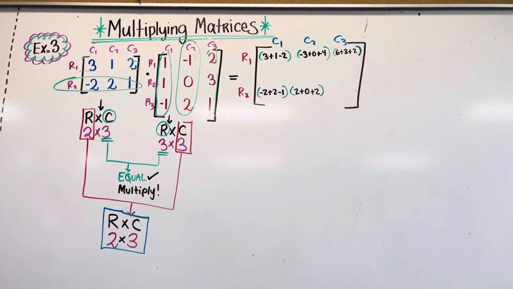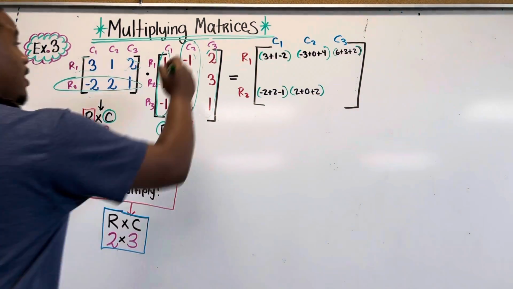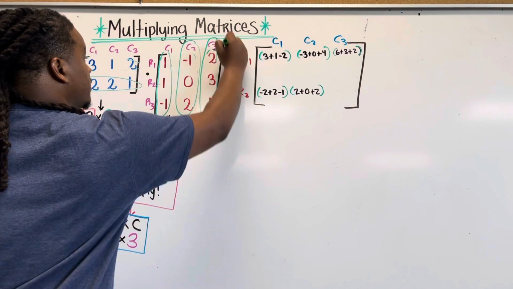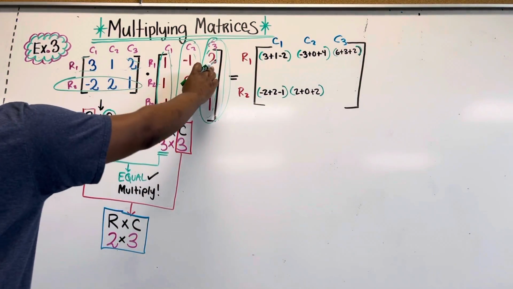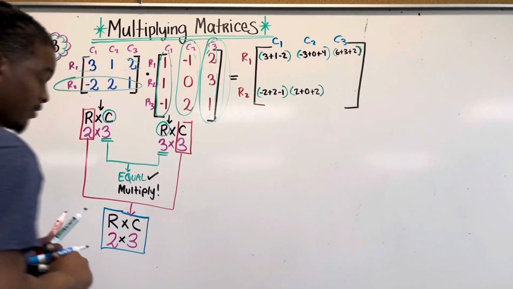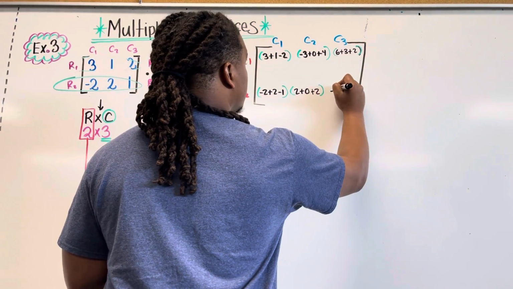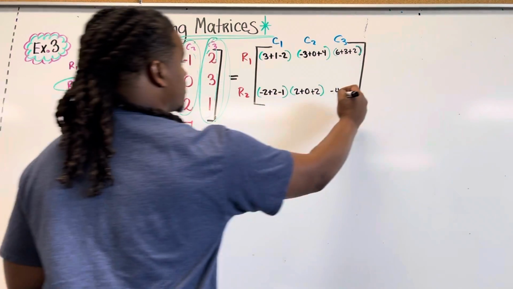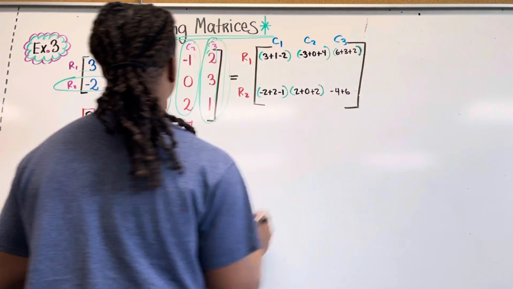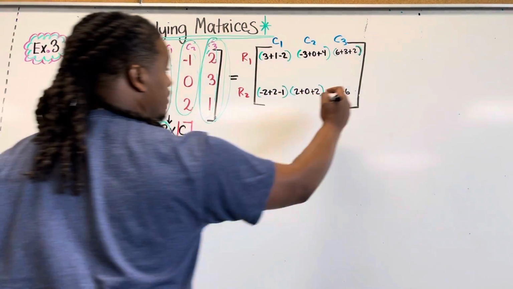And then last but not least, column 3, this column. Negative 2 times 2 is negative 4. 2 times 3 is 6. And then 1 times 1 is 1.